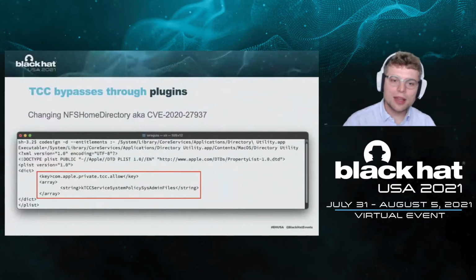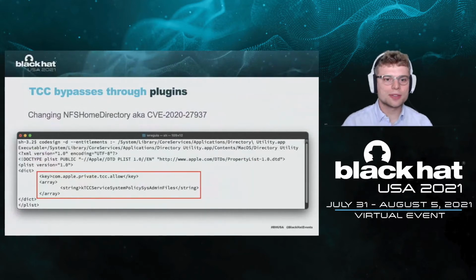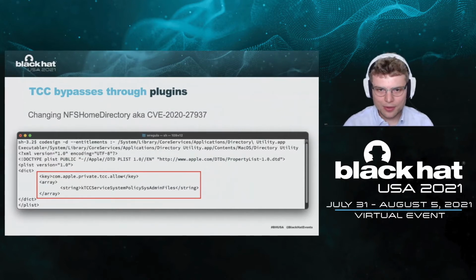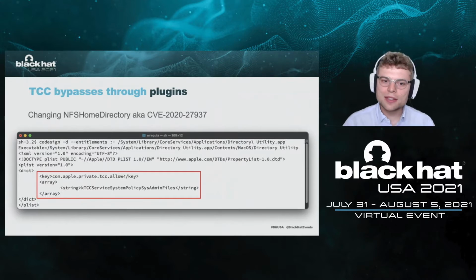An example of such a vulnerability was a CVE that we reached via changing the NFS home directory. I identified a suspicious application called Directory Utility, and I call it suspicious because it had a private TCC entitlement that allowed accessing system policies admin files.